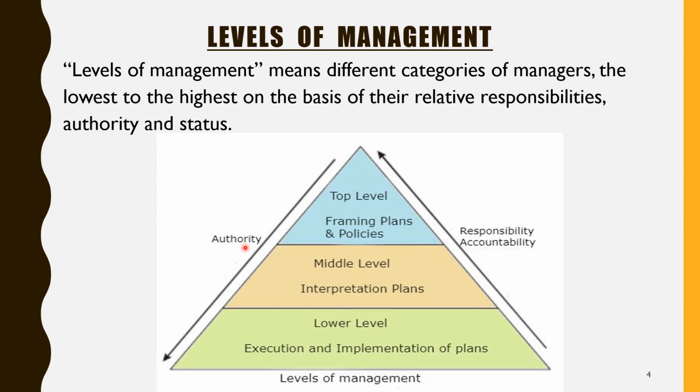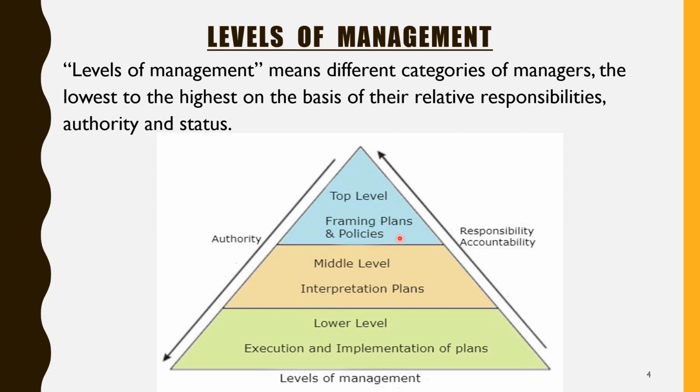So when an individual has certain right to take any decision depending on the responsibility that he holds in the organization, these factors determine various levels of management, which means different categories of managers, the lowest to the highest on the basis of their relative responsibilities, authority, and status, which are primarily the top level, which is involved in framing the policies and plans.